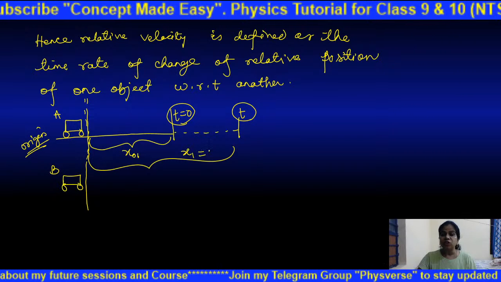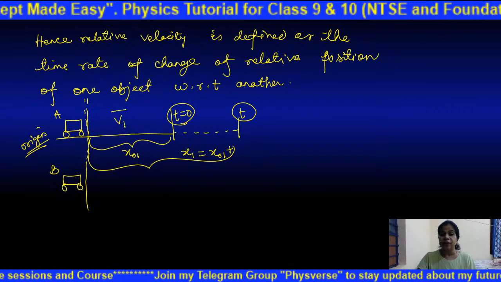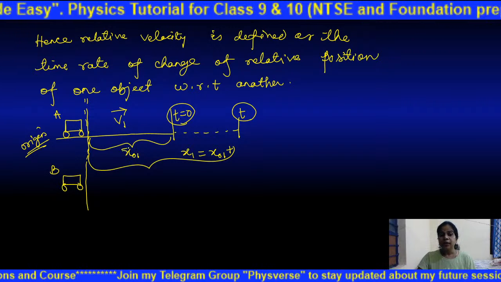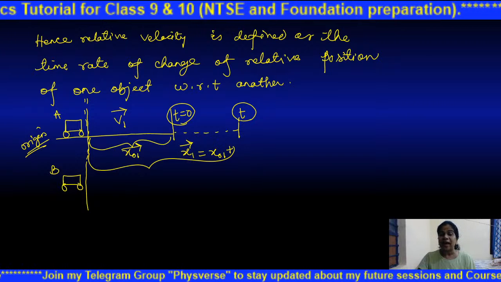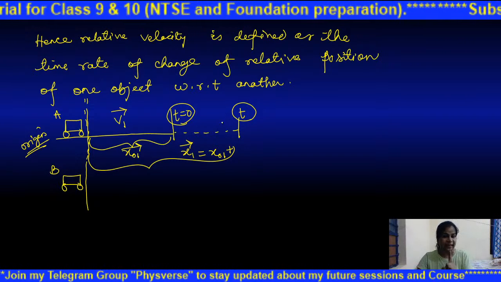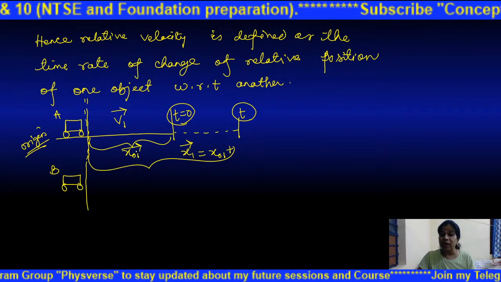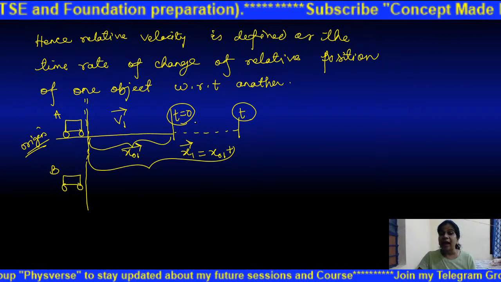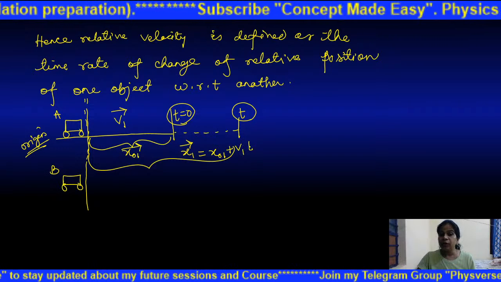So x1 must be equal to x01 plus, if the car is moving with velocity v1, v1 multiplied with t. This is the displacement at time t equal to 0, and this is the displacement for this part. So ये जो displacement x1 है, that must be equal to x01 plus v1 into t.